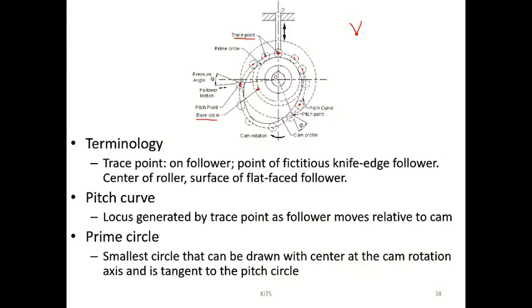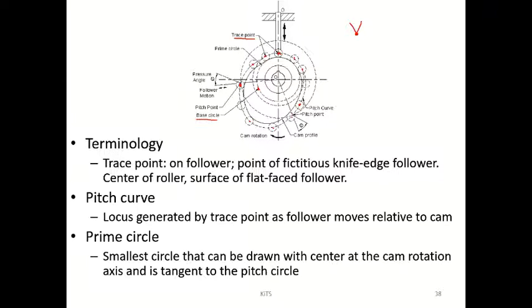All these points which I have marked with the red color are called trace points. Trace point means nothing but the center of the roller follower. That is tracing a point over the cam.